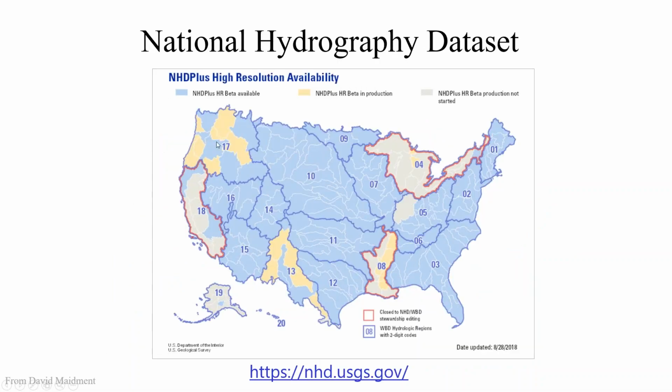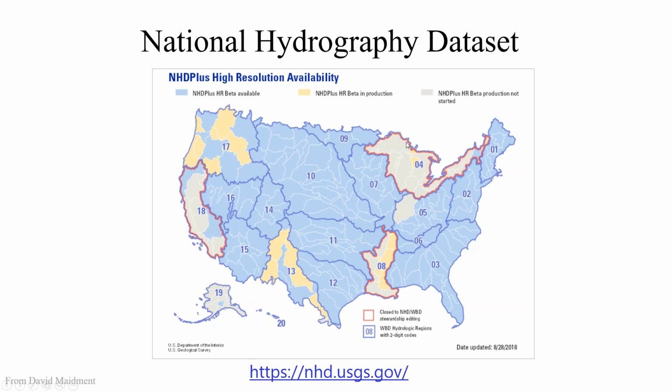So these are the encodings of the high-level watersheds, and this is talking about the National Hydrography Dataset, which is the streams for the nation.